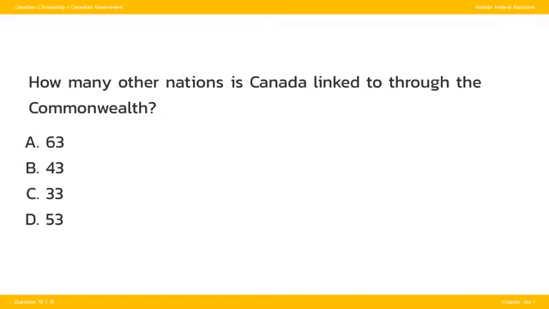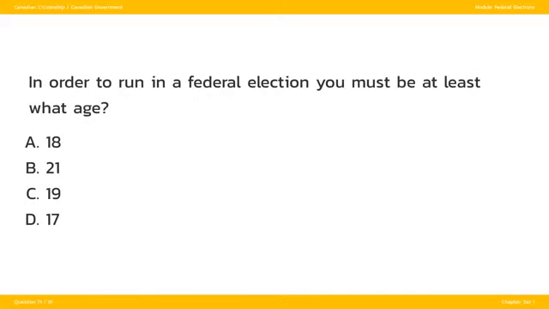How many other nations is Canada linked to through the Commonwealth? A. 63. B. 43. C. 33. D. 53. The answer is D. 53. In order to run in a federal election you must be at least what age? A. 18. B. 21.